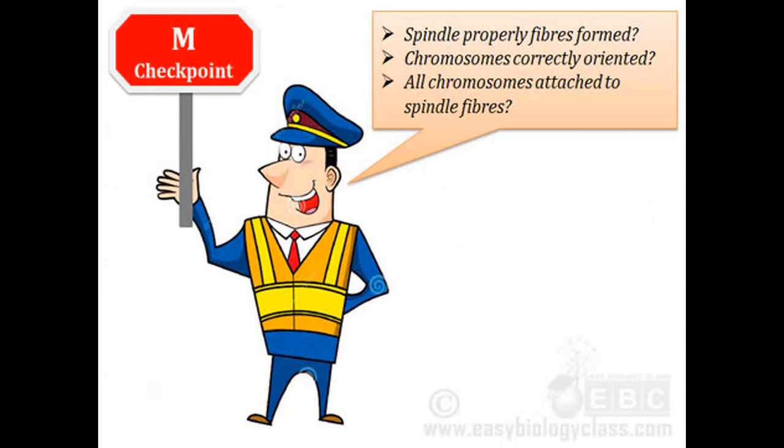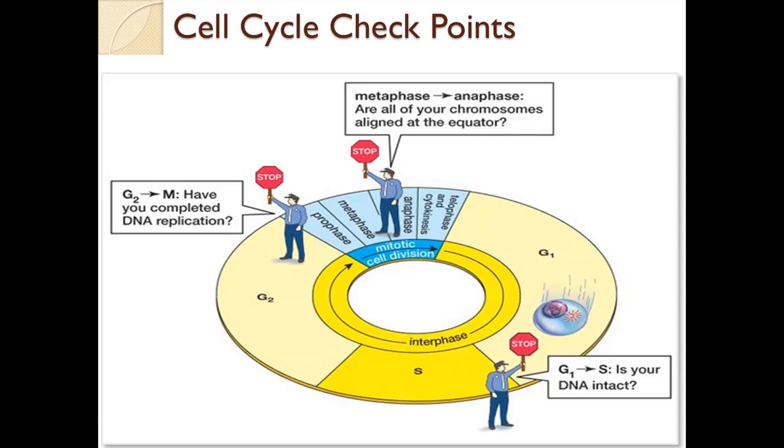M checkpoint. At this checkpoint, the cell will be scanned for proper spindle formation, correct orientation of the chromosomes, and it will also be checked whether all the chromosomes are attached to the spindle fibers or not. This figure gives a brief overview of where these checkpoints operate and what their main functions are. At the G1/S transition, there is a checkpoint shown by a policeman with a stop sign, and it will check the integrity of the DNA.